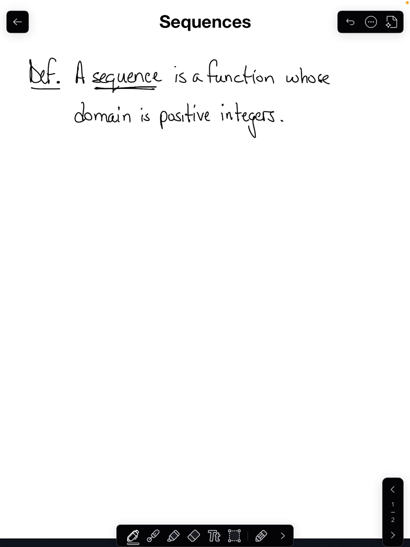In this way, we can't talk about this in terms of a graph the way we typically would.